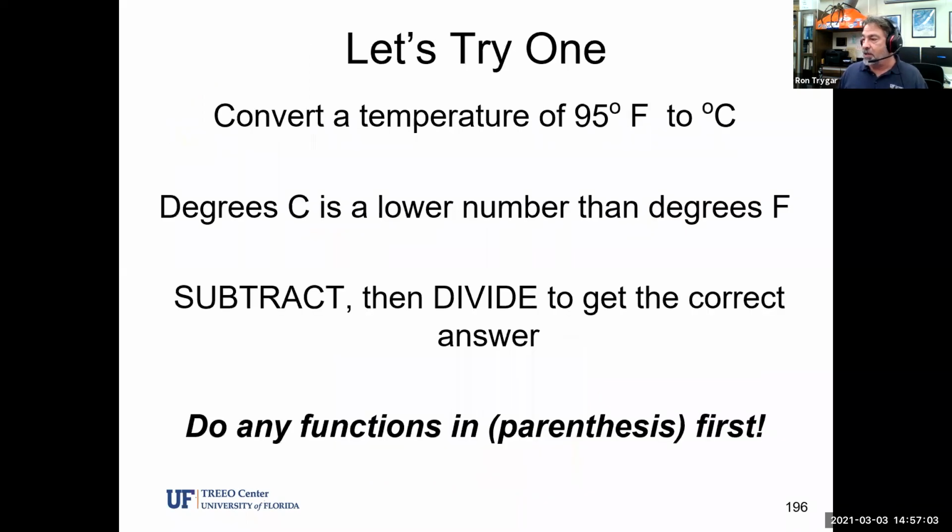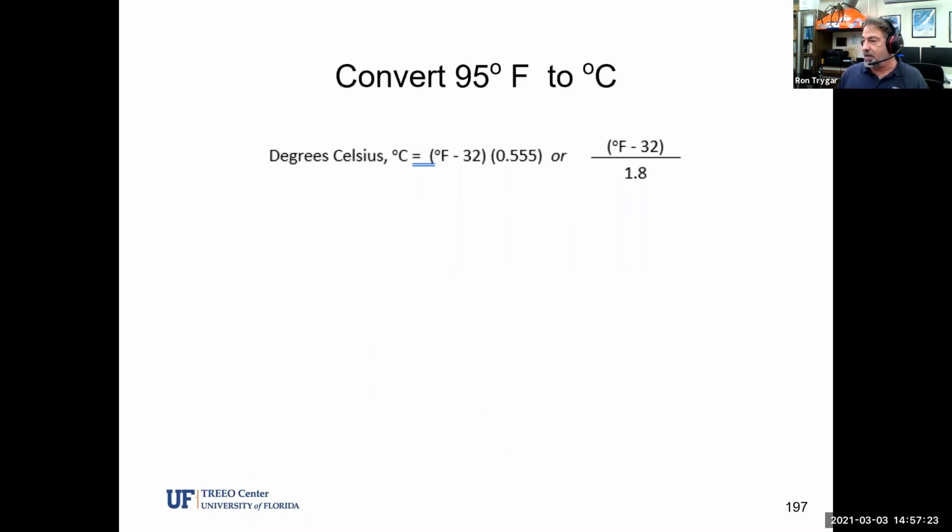So let's try one. Let's convert a temperature of 95 degrees Fahrenheit into degrees Celsius. Remember that degrees C is always going to be a number lower than degrees Fahrenheit. So the first thing we're going to do is subtract in the parentheses and then multiply to get the correct answer. So let's see what we got here. Degrees Celsius is going to be, we had 95 degrees Fahrenheit, right?